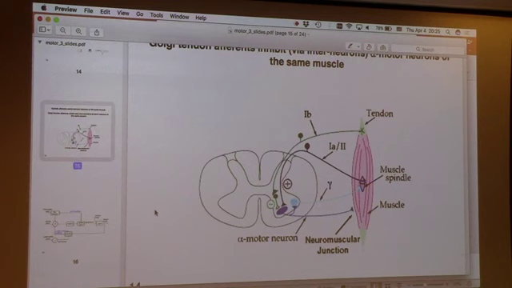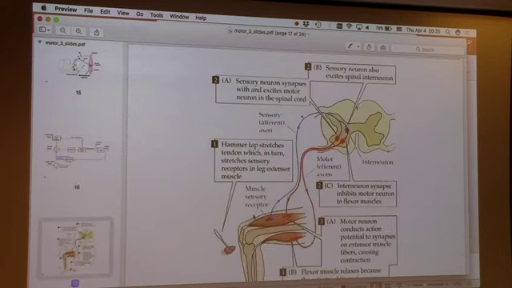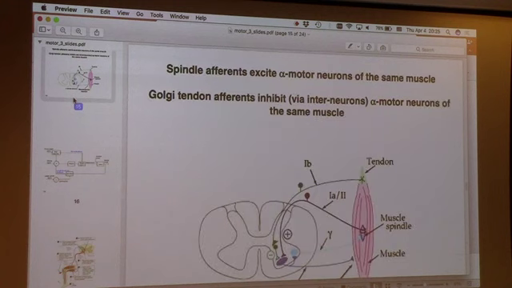Yeah, okay. I would say it's for a different muscle, different situation, different movement. Yeah, basically, for that one, yes. Any other questions?